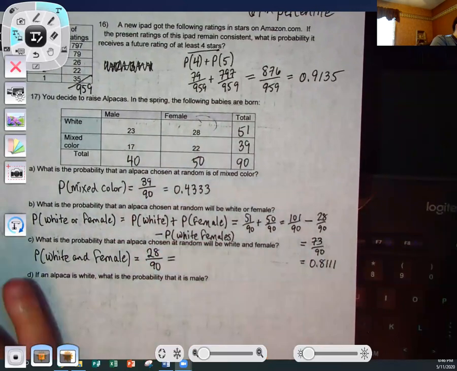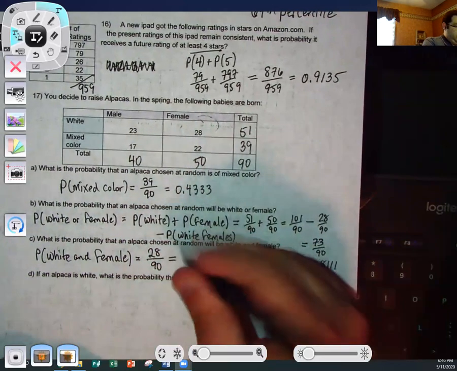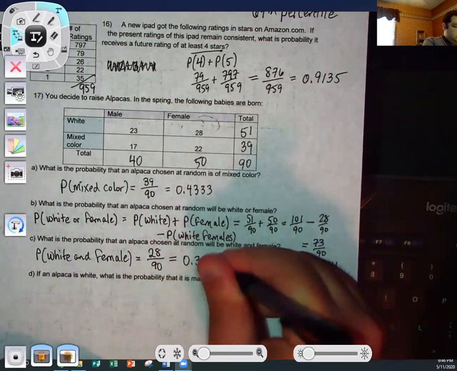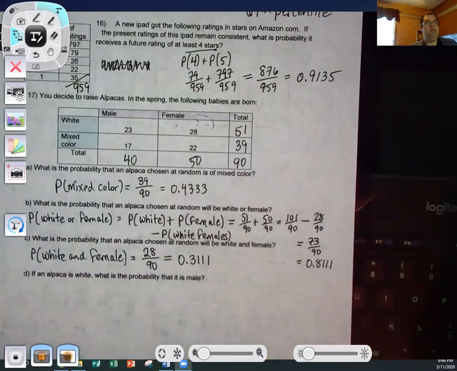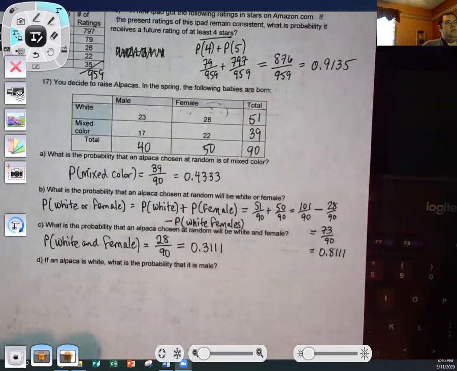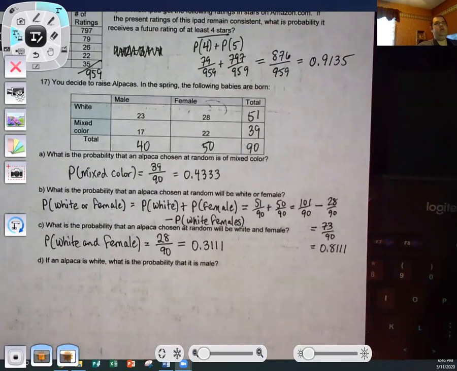And 28 divided by 90 gets us 0.3111. So approximately 31% of alpacas born, the probability of choosing a white and a female would be that case.